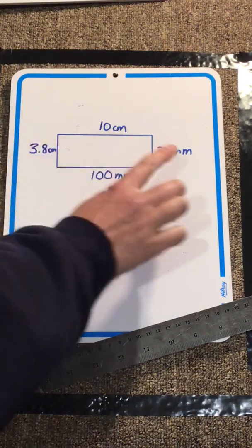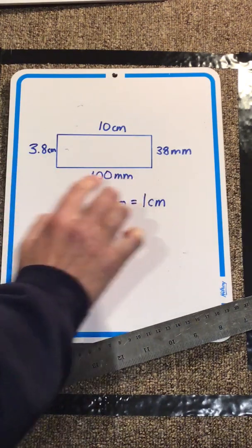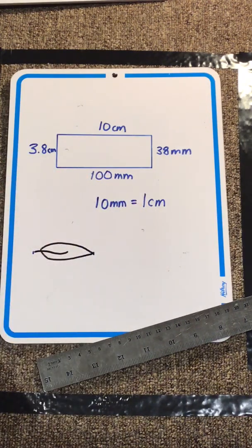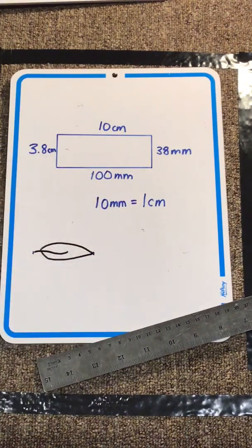And when we're moving from millimeters to centimeters, we're going to divide by 10. The sneaky way of multiplying by 10 is to stick an extra 0 on the end or move the decimal place 1 hop to the right. And the sneaky way of dividing by 10 is to take away a 0 or move the decimal place one hop to the left.